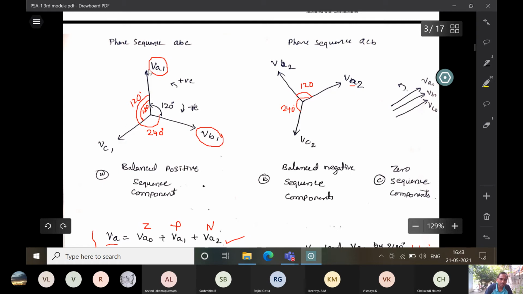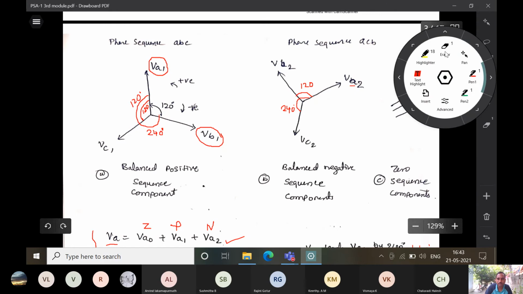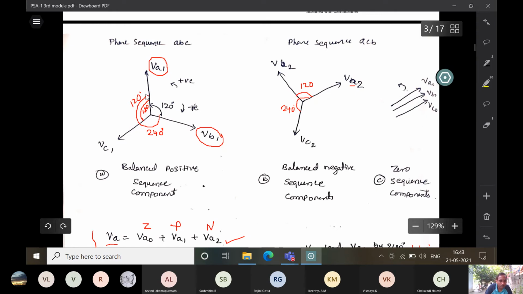If you take reference of VA1, what is the relation between VA1 and VB1? This is 240 degree, here to here. Is it clear? What is the angle here between VA1 and VC1, and VA1 and VB1?